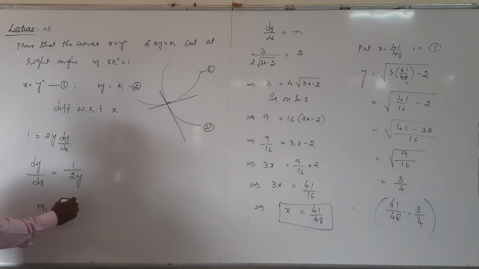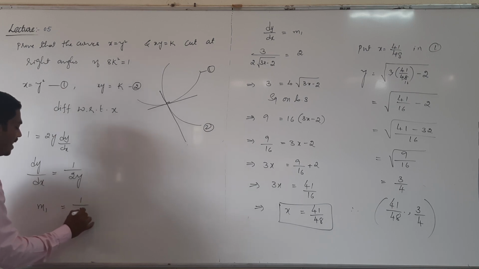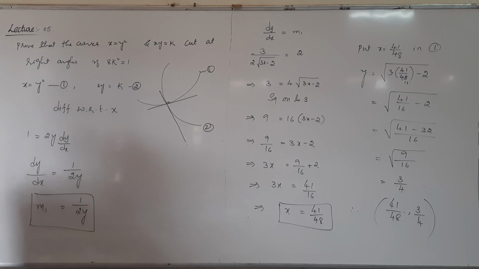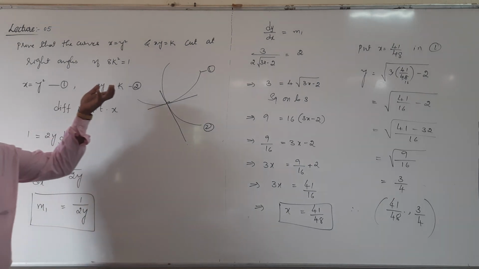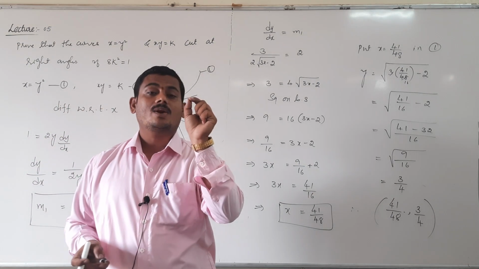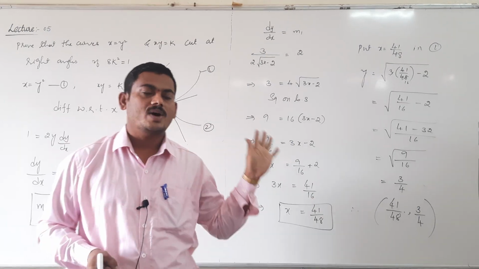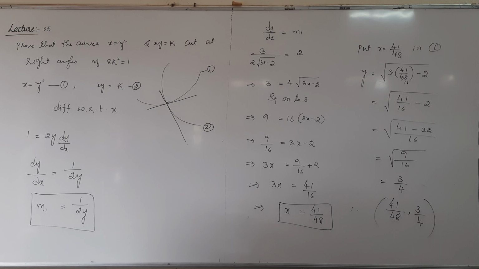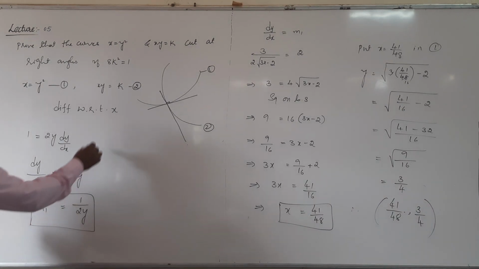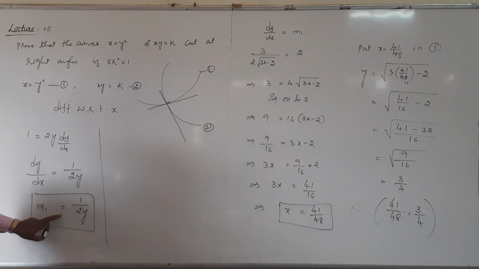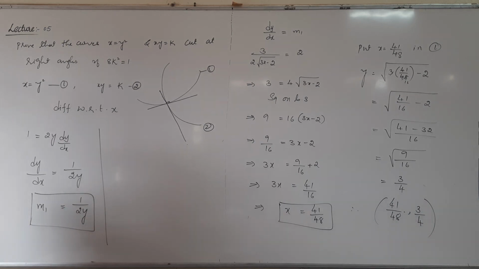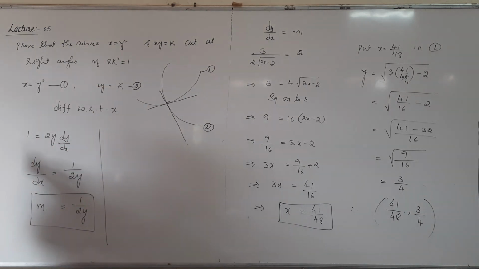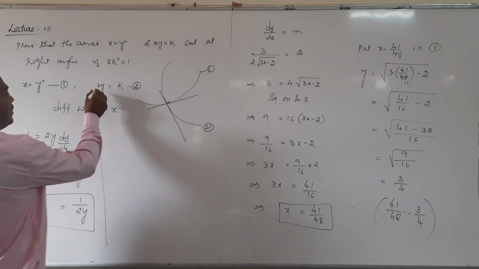What is the slope of the tangent line to the first curve? I will take it as m1. What is the m1 value here? 1 divided by 2y. I will take the slope of tangent to curve 1 as m1 and the slope of tangent to curve 2 as m2. If you differentiate the first curve, you get the slope of tangent to the first curve. If you differentiate the second curve, you get the slope of tangent to the second curve.